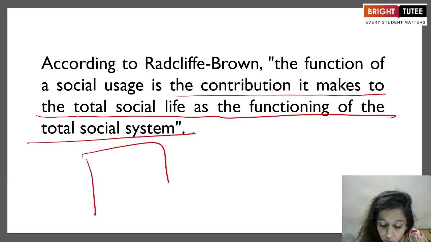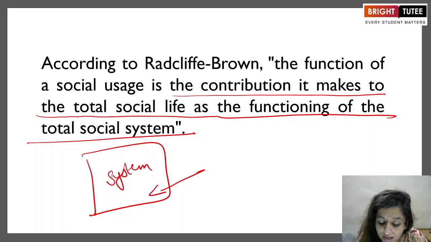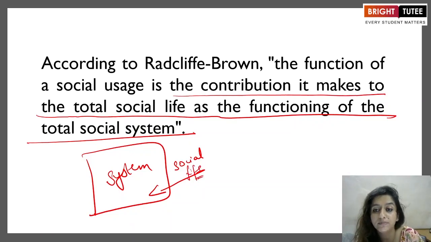You have a total social system which has its own functioning, so the contribution you make to the total social life, as the functioning of the total system, is what is termed the function.